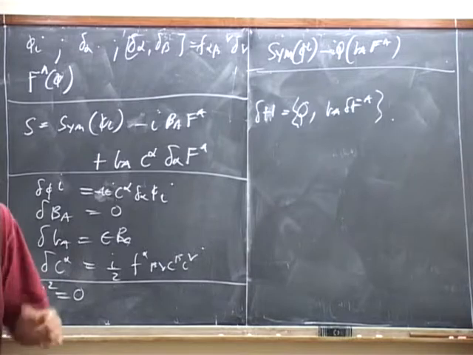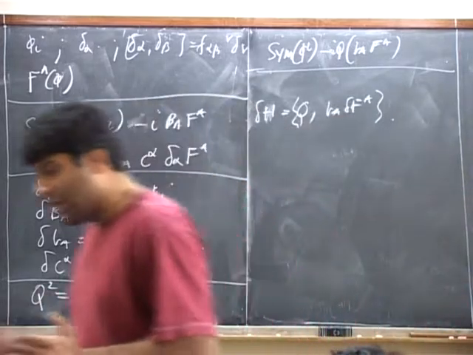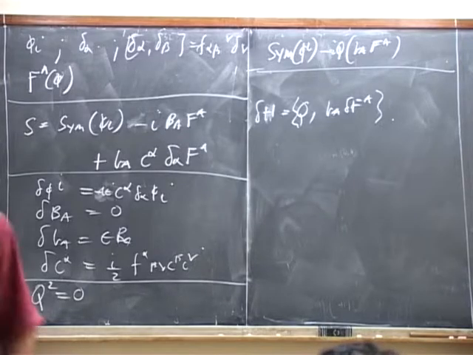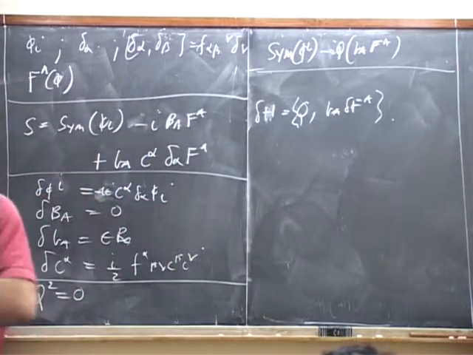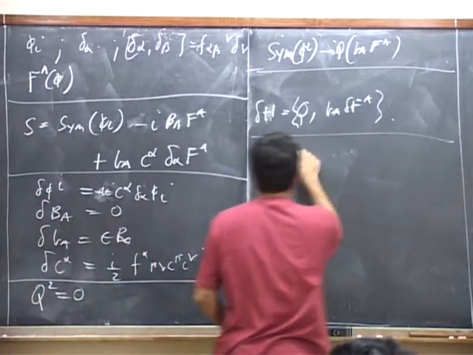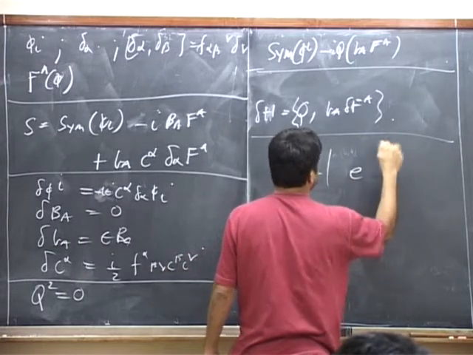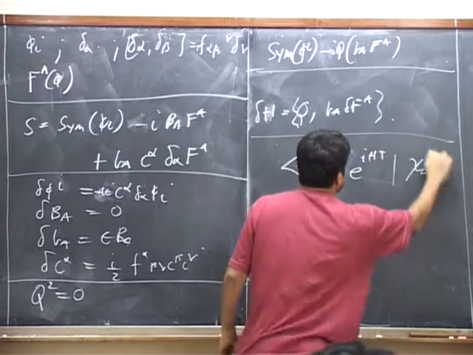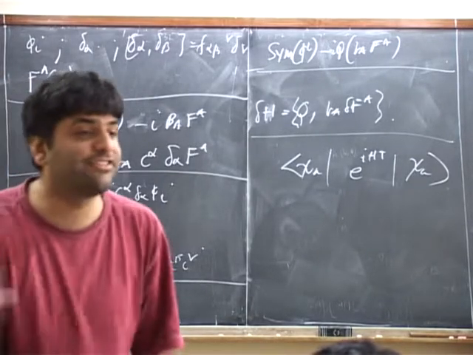So we choose to restrict attention to those states that are annihilated by Q. You remember we also discussed that Q is a Hermitian operator, so it acts both on the left and the right. So if we restrict attention to those states chi which are annihilated by Q, then such matrix elements for those states are invariant under a change in the gauge fixing function.